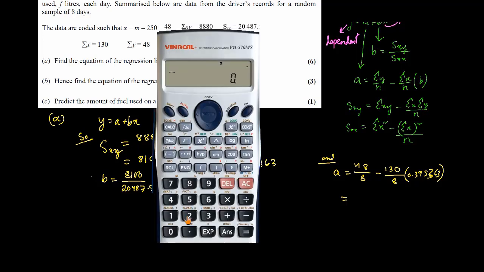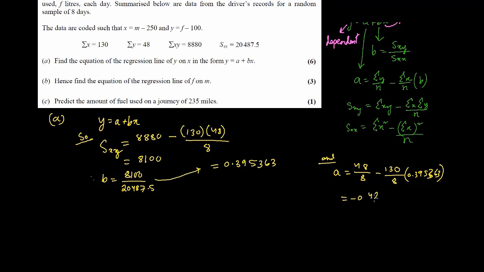So let's calculate this. 48 divided by 8 equals 6 minus 130 multiplied by 0.395363 divided by 8, and this would be equal to 6 minus 6.424649, which is minus 0.424649.